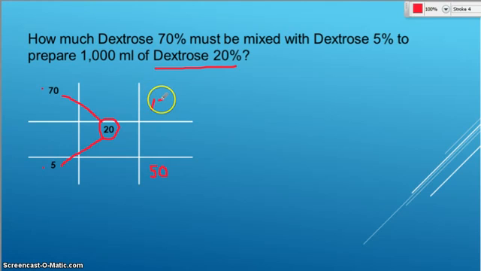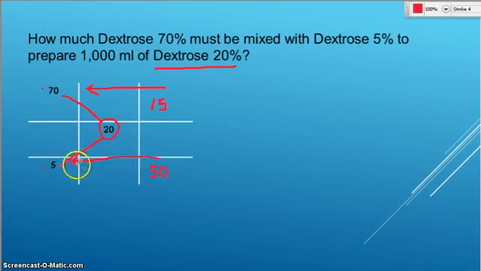Now, what these two numbers that we just wrote represent is how many parts of each solution. So we need 15 parts of the 70% solution and 50 parts of the 5% solution. You're reading across the grid: 15 parts of the 70% and 50 parts of the 5%.